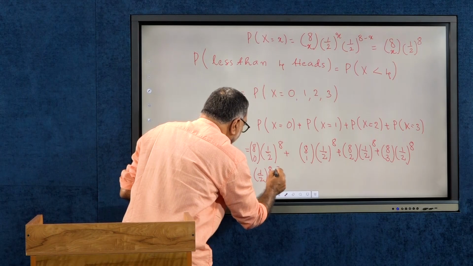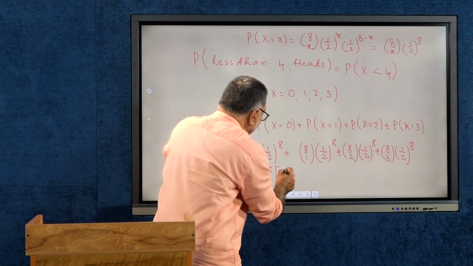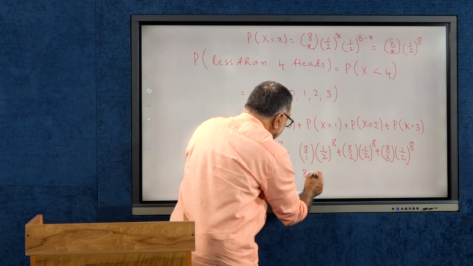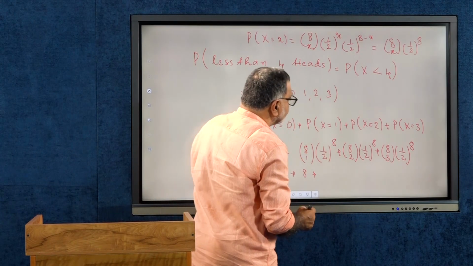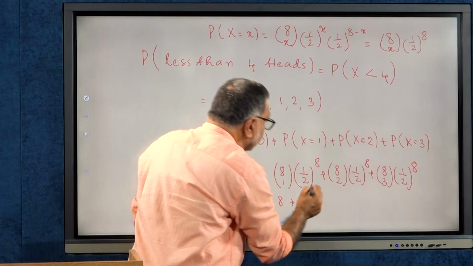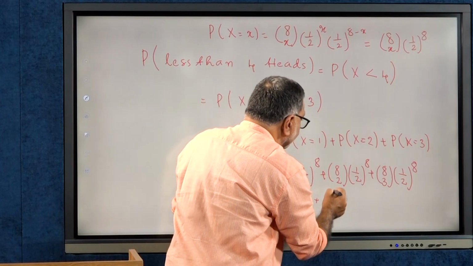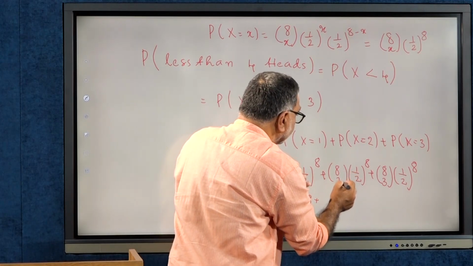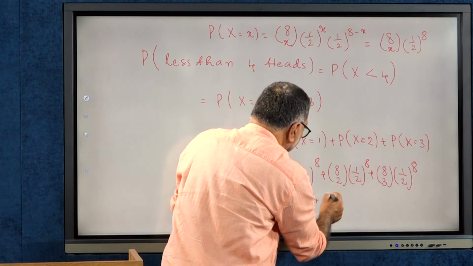So, (1/2)^8 times, this is 1, 8C1 is 8, 8C2 is 28, and 8C3, that is 8 into 7 into 6 divided by 3 factorial, that is 56.